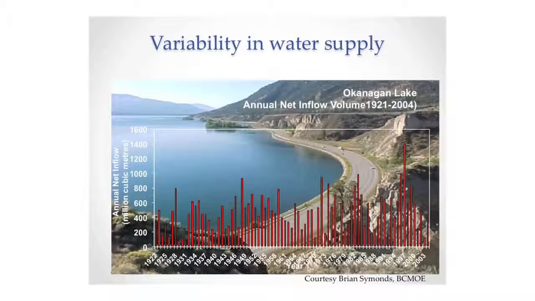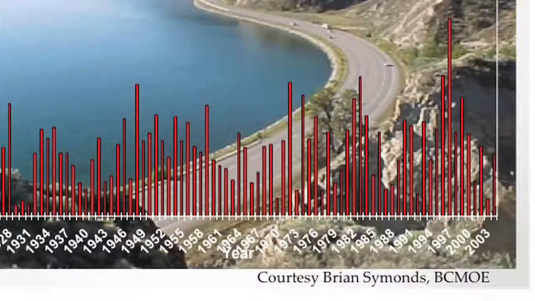This chart shows you the inflow into Okanagan Lake over the last 75 or 80 years or so, and you can see the variation in these bars. We have some years with tremendous inflow and other years with very limited. 2003 is right there. You can see the inflow that year.